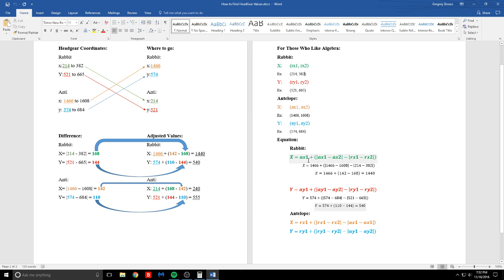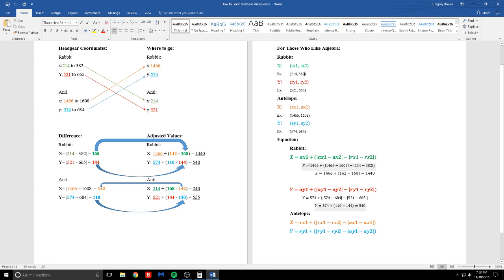So to find the x, it's your antelope coordinate 1 plus the difference between the total width of the antelope minus the total width of the rabbit.